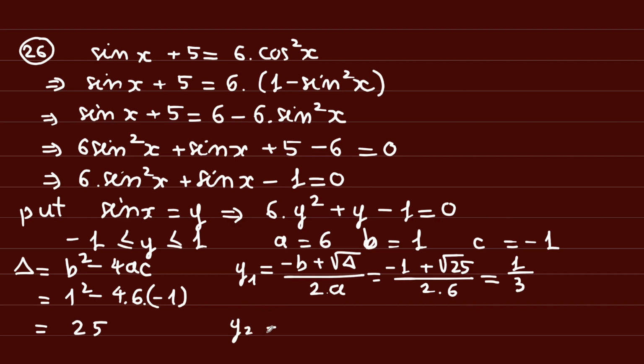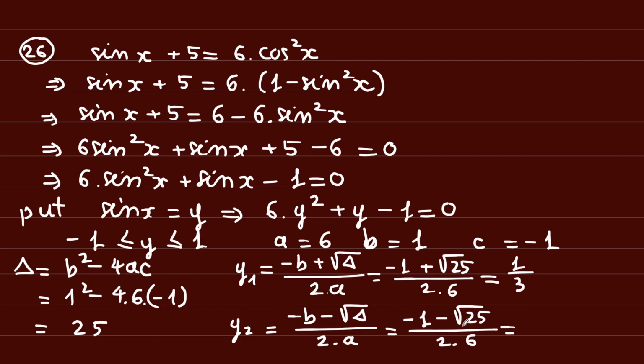And the second solution for y, minus b minus square root of the discriminant divided by 2 times a: minus 1 minus square root 25, over 2 times 6. This is minus 5 minus 1 equal to minus 6 over 12 equal to minus 1 over 2. Because of this interval, we can take this solution because 1 over 3 belongs to this interval or this domain, and the second solution is also acceptable.